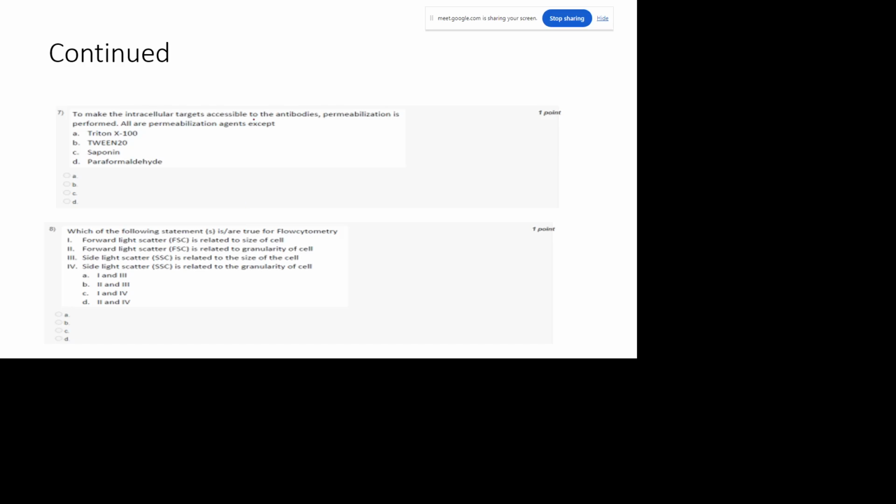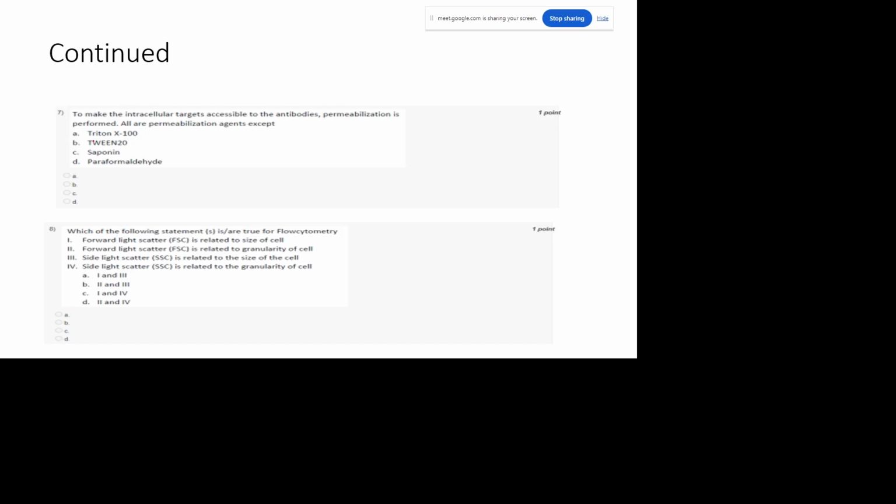To make the intracellular target accessible to the antibodies, permeabilization is performed. All are permeabilizing agents except Triton X-100, Tween 20, saponin, paraformaldehyde, right? Anything detergent you will find in this question will be the permeabilizing agent.